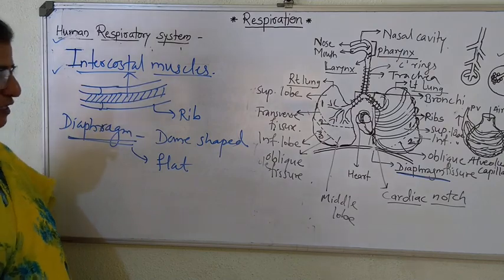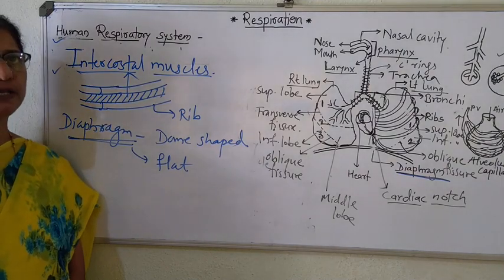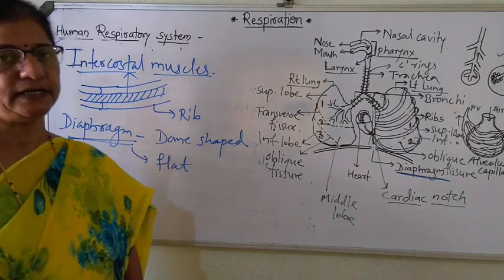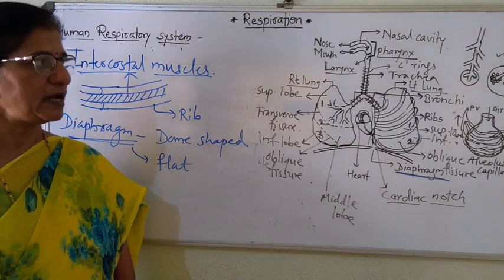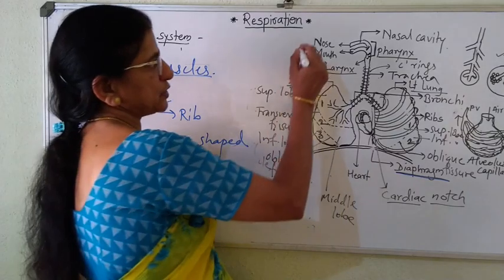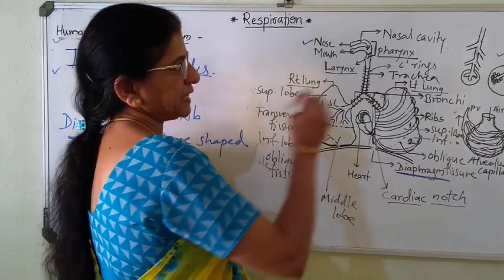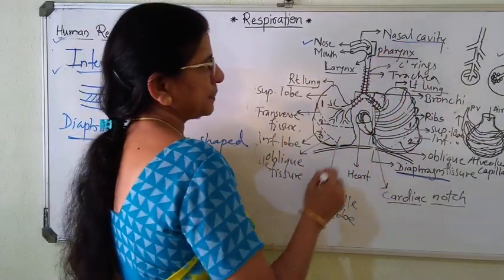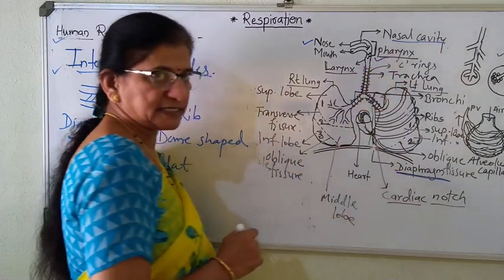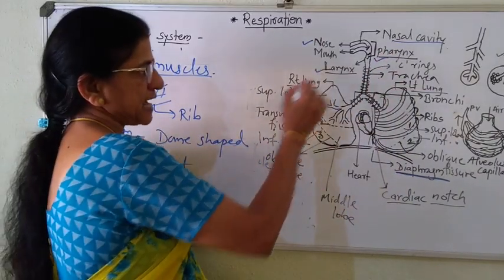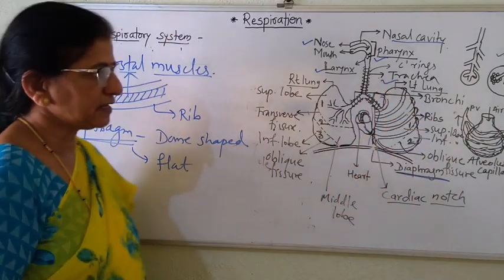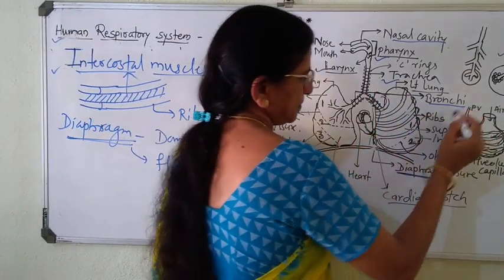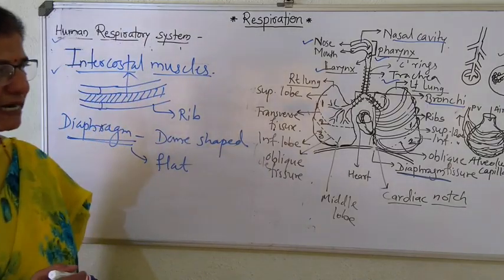Clear? So here we complete all the regions or organs of the respiratory system, under which we have studied at first the nose containing the nasal cavity. Then we studied the pharynx, then the larynx, then the trachea. Then the bronchi, two paired bronchi, right and left.